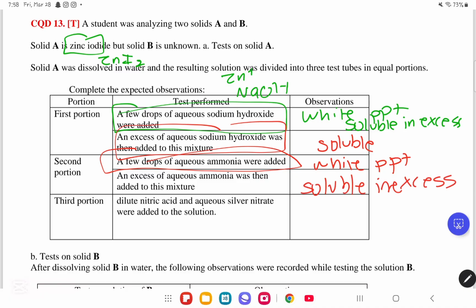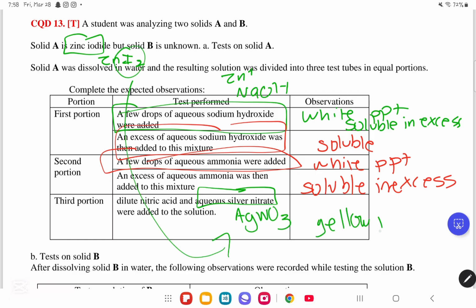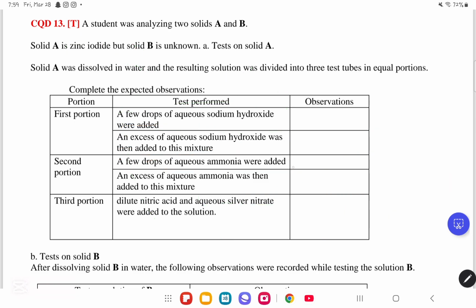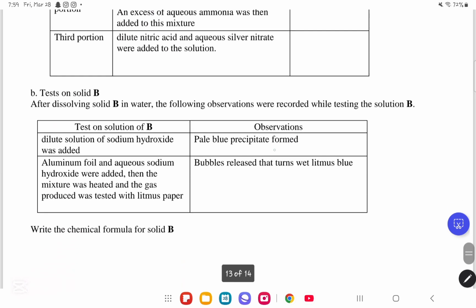So it's just going to be a white precipitate that is soluble, so it's a colorless solution. Now the third portion, there is aqueous silver nitrate, so AgNO3. What will the I- do? It will react with the Ag+ to form a yellow precipitate. Okay, so that is it for solid A, for CQD number 13 top.